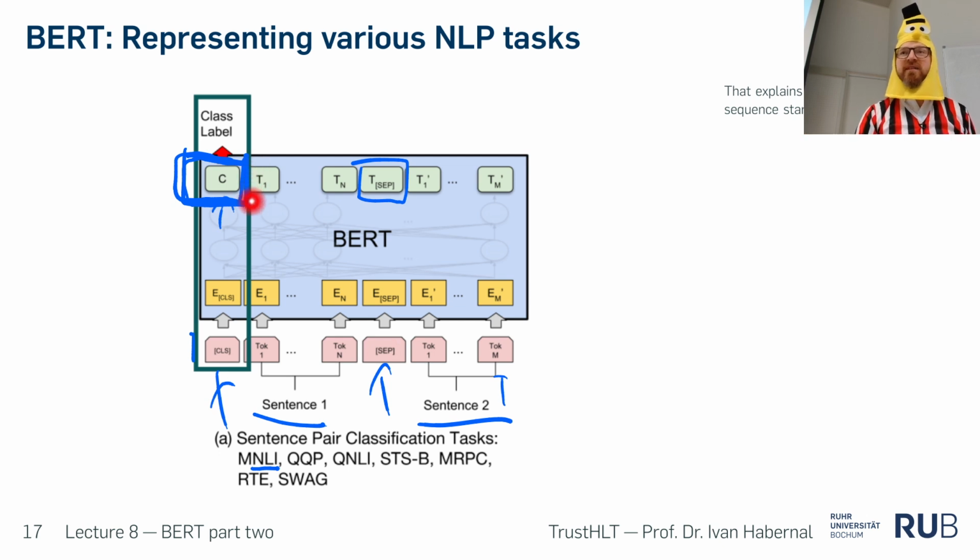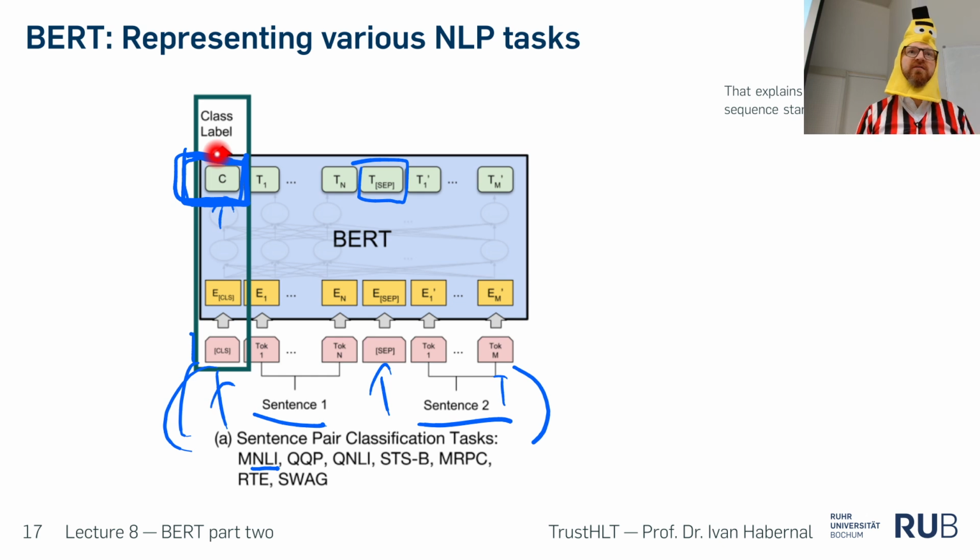And what you're going to do with that is project it into, let's say, three-dimensional space, run softmax on it, and you get a classifier. So you learn a good representation of the entire sequence, basically of the 2 sentences after each other. You can put a multi-layer perceptron, or just one layer, on top of this CLS token to run predictions, and you can turn this into a classifier.